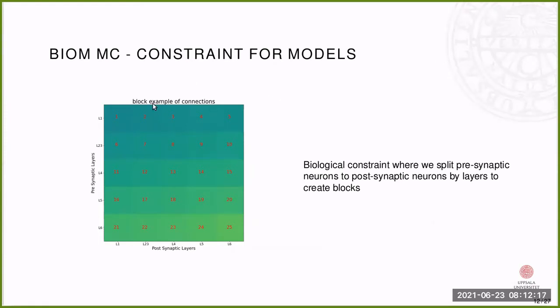For instance, this second block here represents the presynaptic neurons from layer 1 to the postsynaptic neurons in layers 2 and 3. And for instance, this 14th block represents the presynaptic layer 4 neurons to the postsynaptic layer 5 neurons. This is one of our constraints.